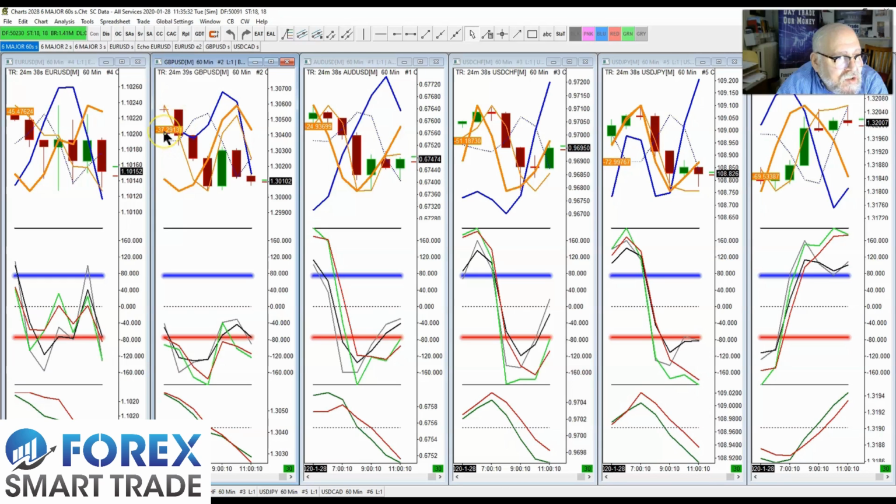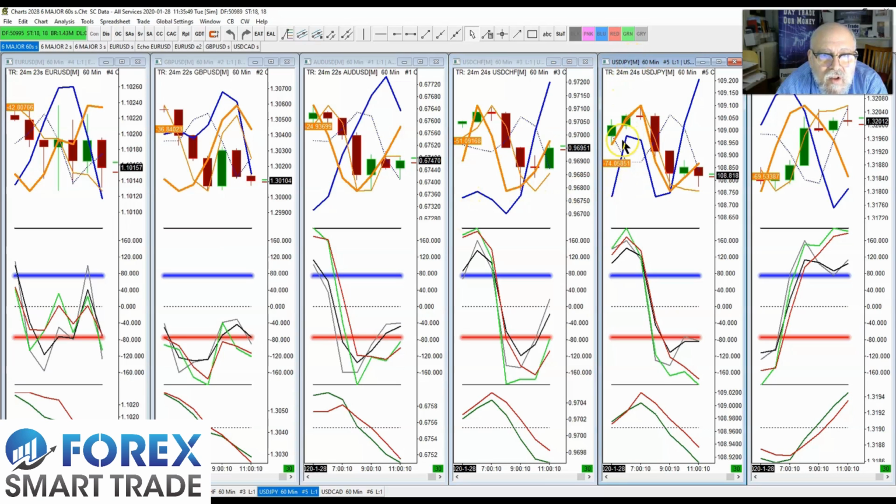Pound dollar minus 37 is a no, not close enough. Australian USD minus 24 is a no. USD Swiss franc minus 50 is a no. US dollar JPY minus 74 is a no. And USD Canadian minus 69 is a no.